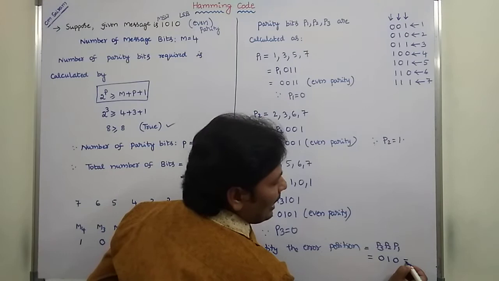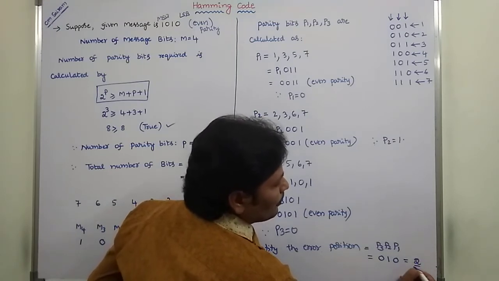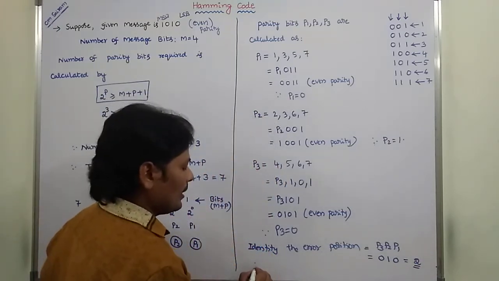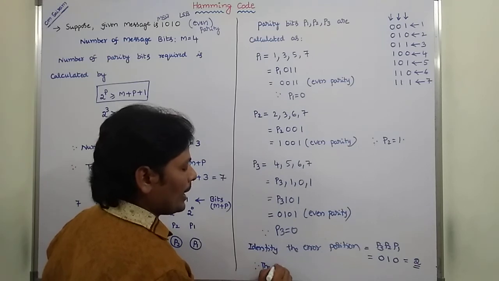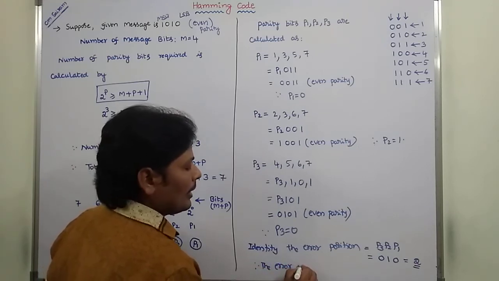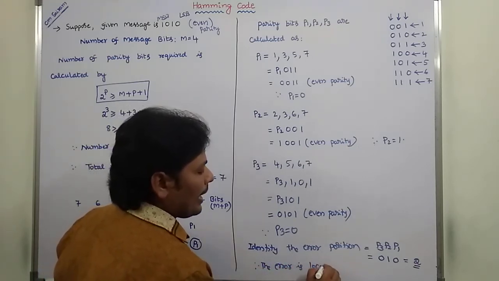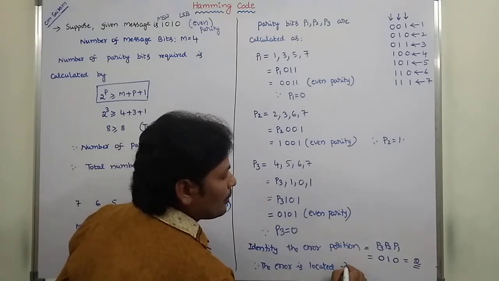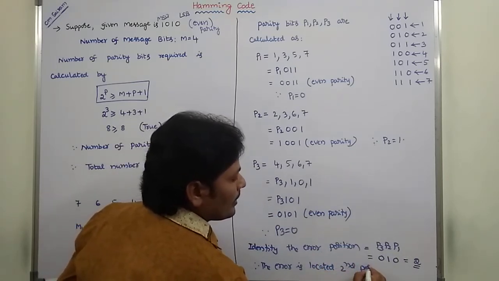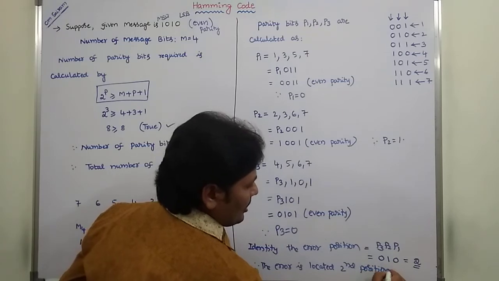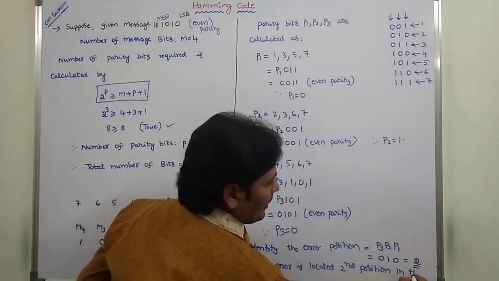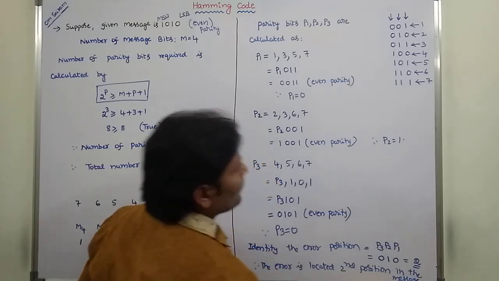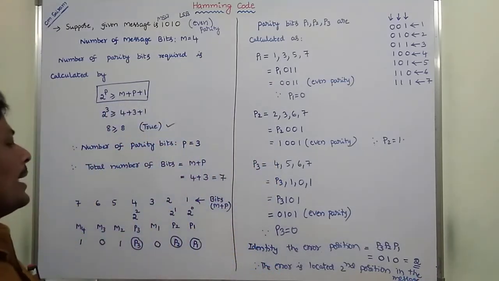What is the decimal equivalent? That is 2. Okay. So the error is located at second position. Second position in the message.